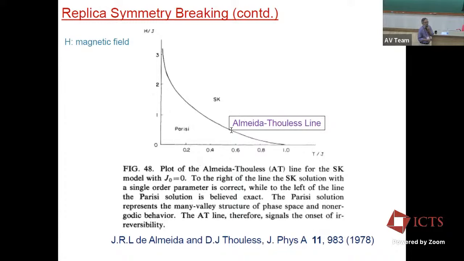That's the symmetric solution. So anything that goes beyond that is that your Q alpha beta will depend on which alpha and which beta you are talking about. So it will not be the same for every pair alpha beta. So in that case, there is no particular order parameter for the system.